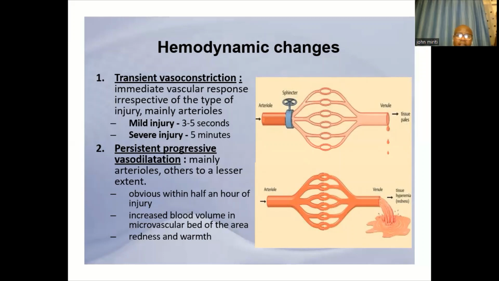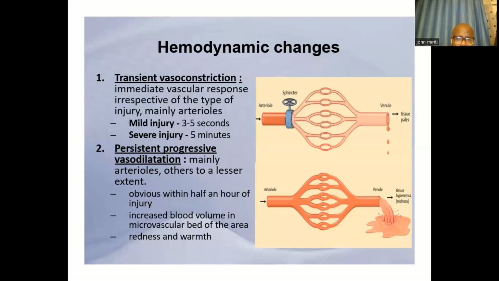In mild inflammation it takes 3 to 5 seconds, whereas in severe inflammation it takes almost 5 minutes. So there is transient vasoconstriction at the arteriole supplying blood to the inflamed place.